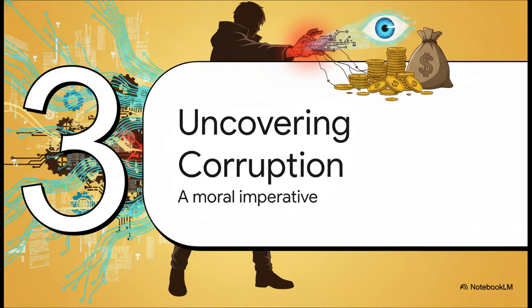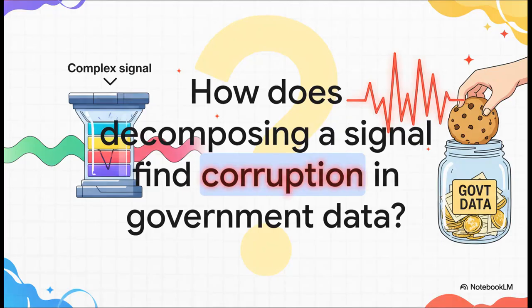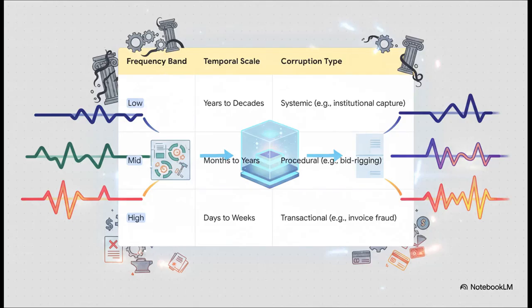But of all its possible applications, there is one with a really profound, immediate moral weight: using this new way of seeing to uncover hidden corruption in our public financial systems. So that's the big question, isn't it? How on earth does separating data into different frequency bands actually help you find evidence of something like financial crime? It's because different types of corruption operate on completely different timescales, as you can see right here.